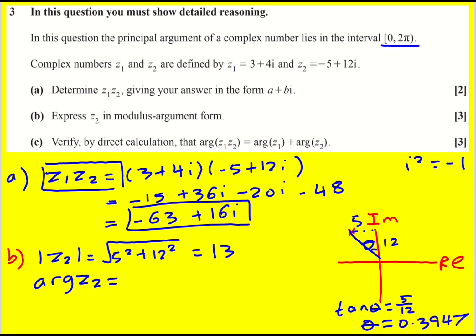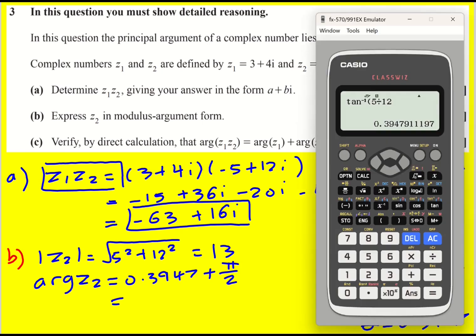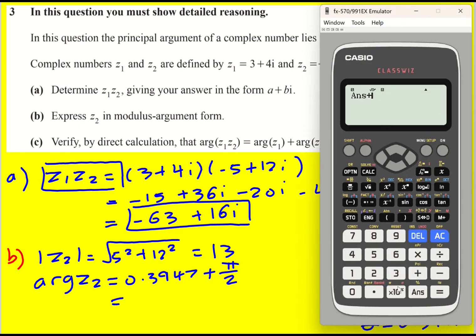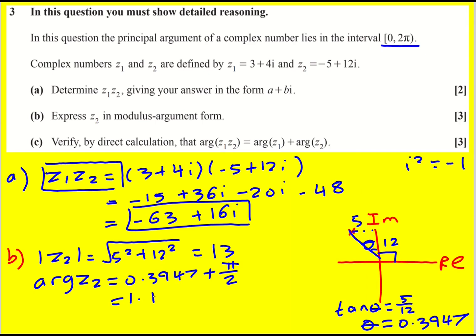And that means the argument of Z2, I just need to add on pi over 2, this right angle here, which gives us 1.9655.